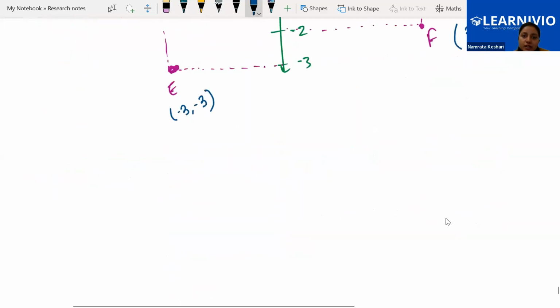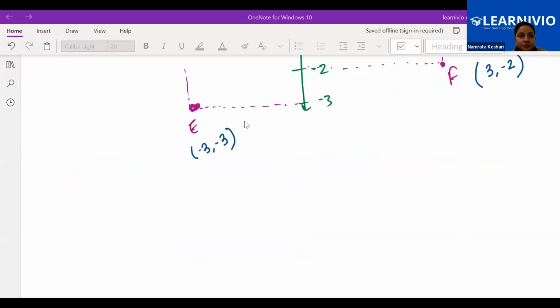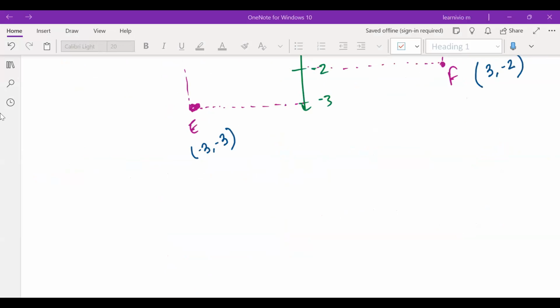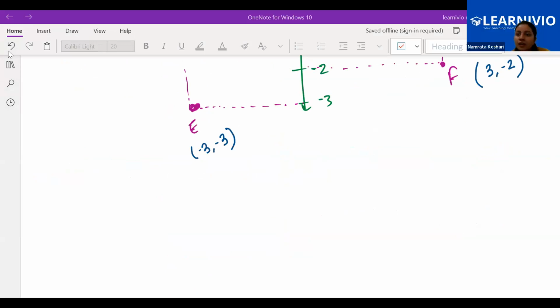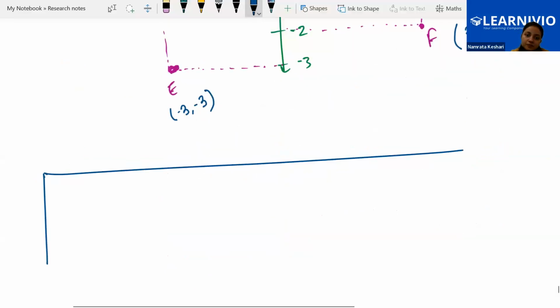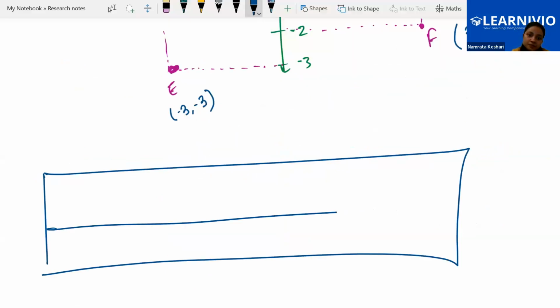Even if the points are given in tabular form, like this: X, Y. Here I am writing -3, 5.